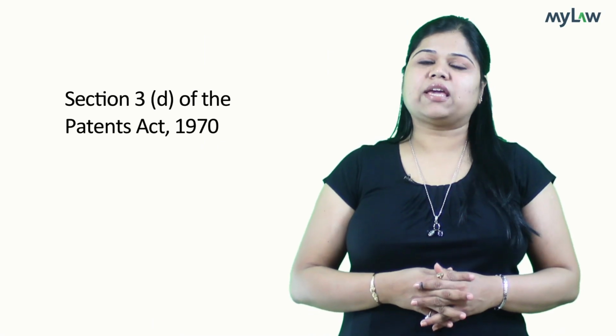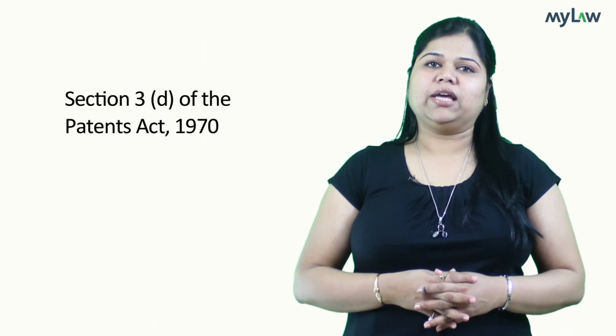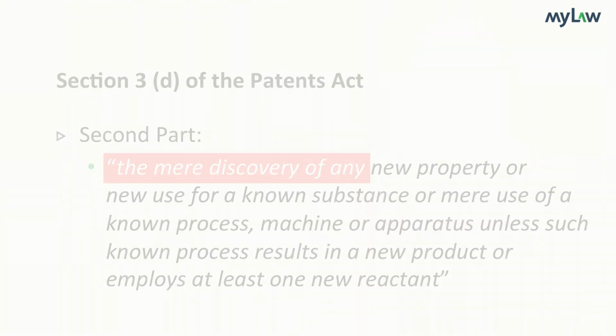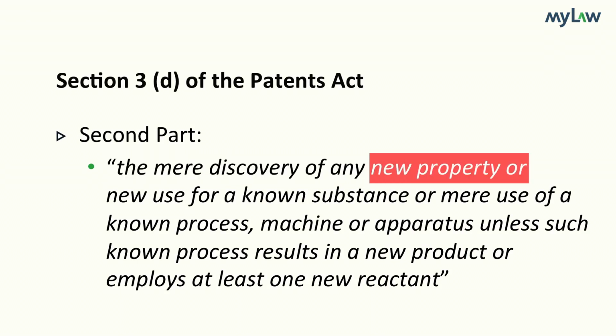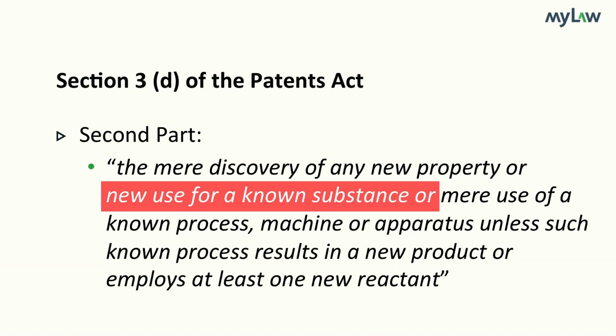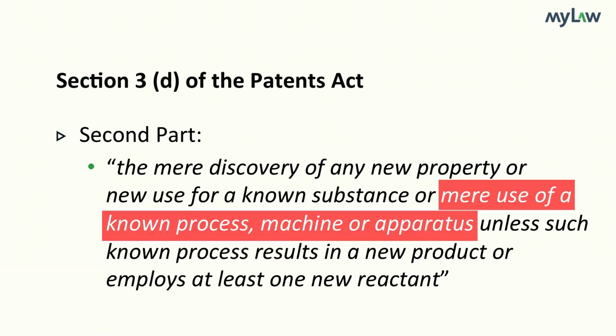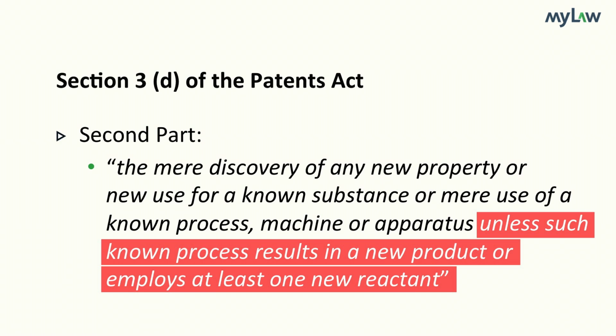With respect to the second part of Section 3D, we now come to the second part, which is the mere discovery of any new property or new use for a known substance or mere use of a known process, machine or apparatus unless such known process results in a new product or employs at least one new reactant.